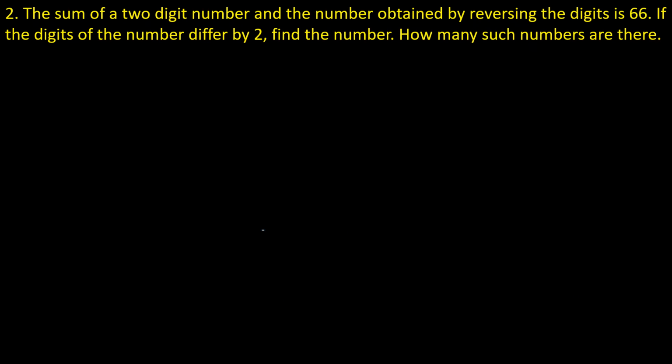The sum of a two-digit number and the number obtained by reversing the digits is 66. If the digits of the number differ by 2, find the number. How many such numbers are there? That's the question.